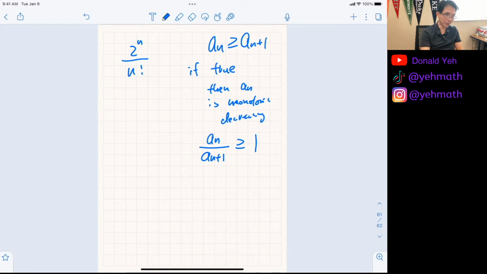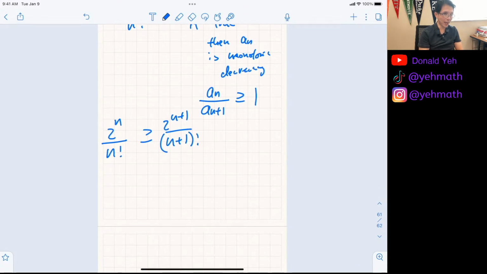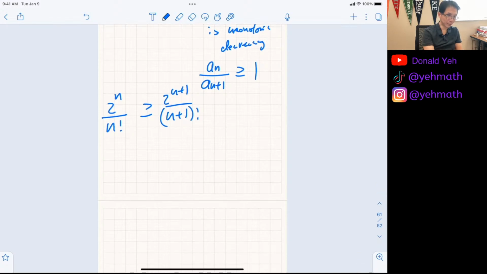Then what I'm going to do is compare 2 to the n over n factorial is greater than 2 to the n plus 1 over n plus 1 factorial. Now I'm going to divide both sides just because I can compare to 1 pretty easily. Okay. And this is good for Emily because Emily is still zoning out.